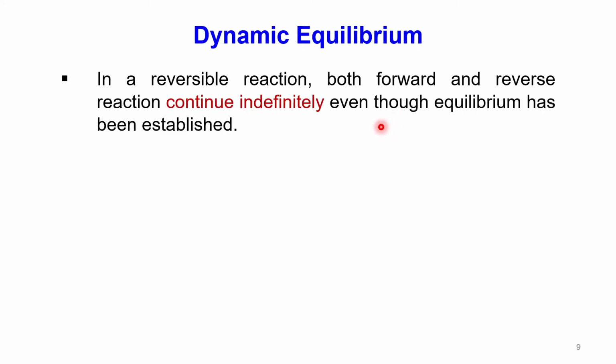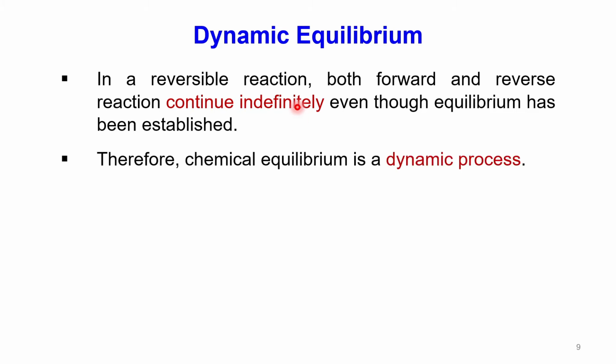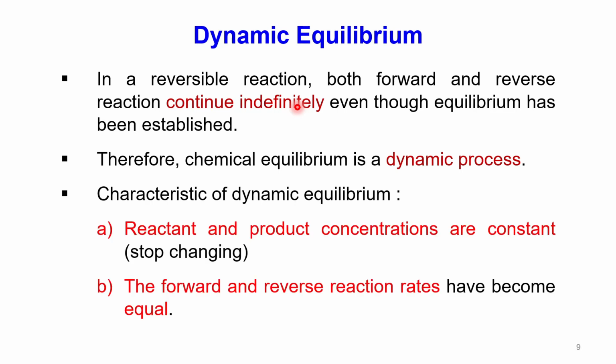So what is dynamic equilibrium? For a reversible reaction, the forward and reverse processes continue indefinitely until equilibrium is reached. So this process we call a dynamic process or dynamic equilibrium. We have 2 characteristics here to define the dynamic equilibrium condition.